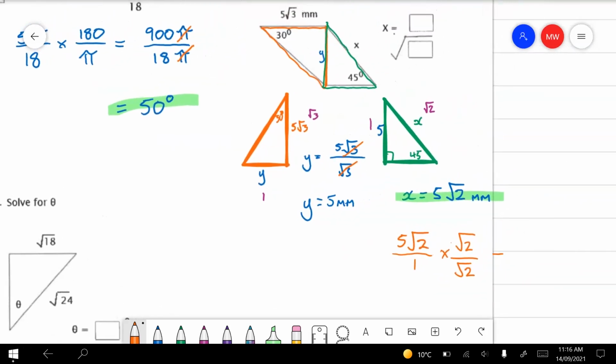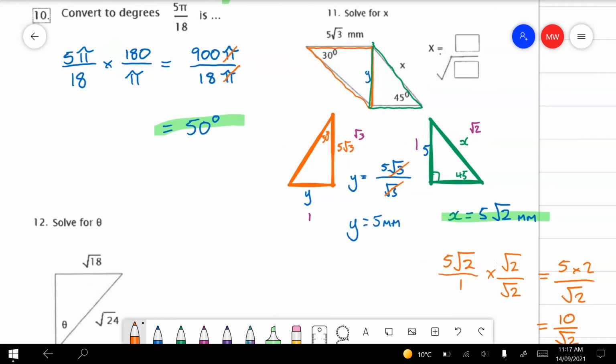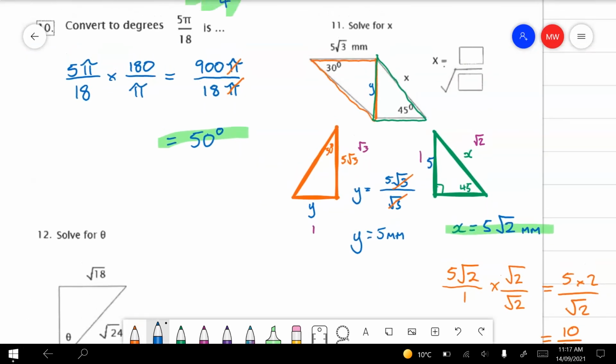And that means that we'd end up with 5 times 2 over √2, which would give us 10 over √2. So I guess in the strictest of senses, if we were trying to fill out this sheet, this could become 10 over √2. But the answer that we found here is a better answer.